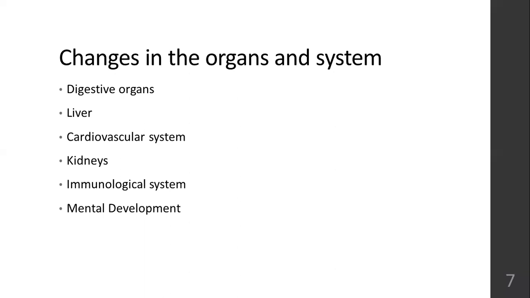Mental retardation is seen in marasmus cases more than kwashiorkor, but any malnutrition can lead to mental retardation. The child will not have proper cognitive development and motor skill development. These things will be delayed.